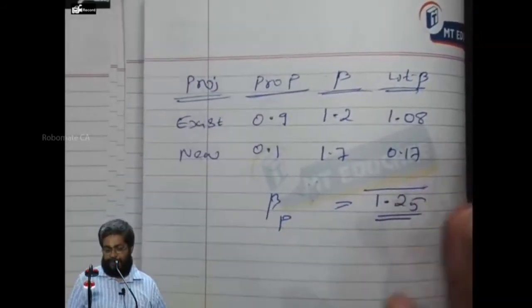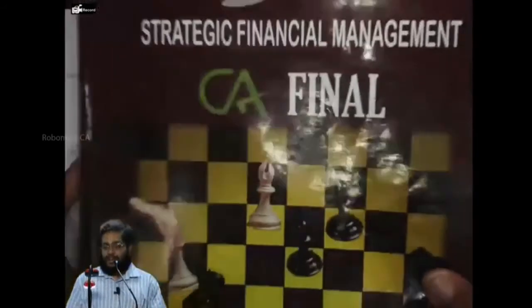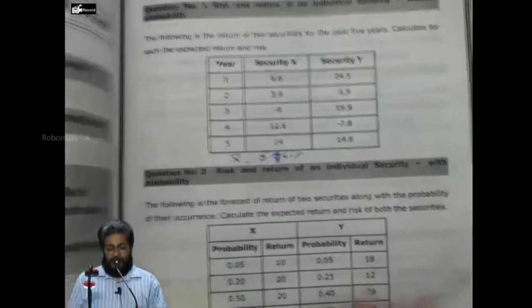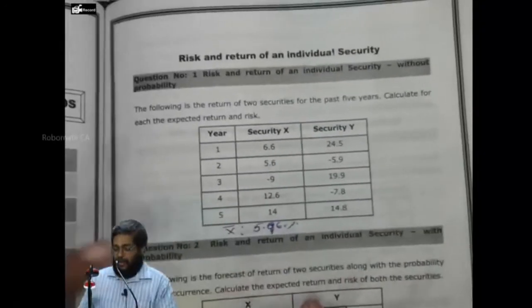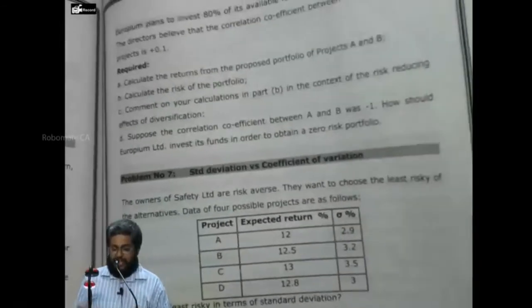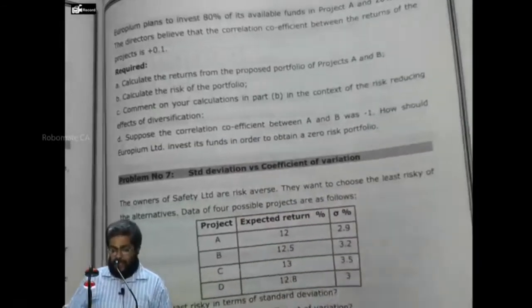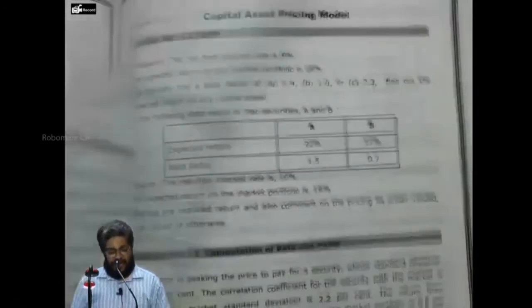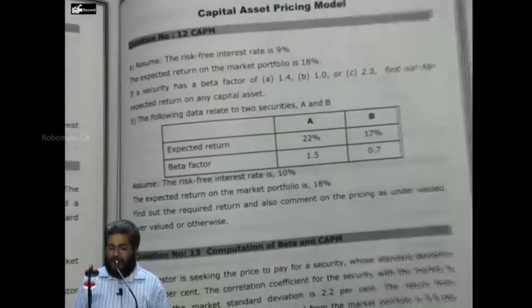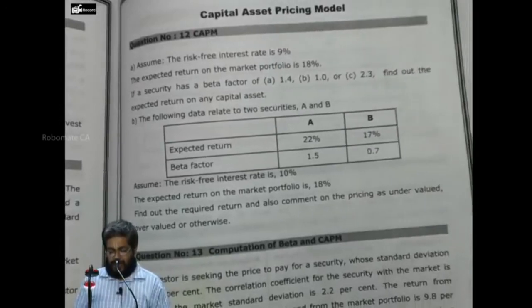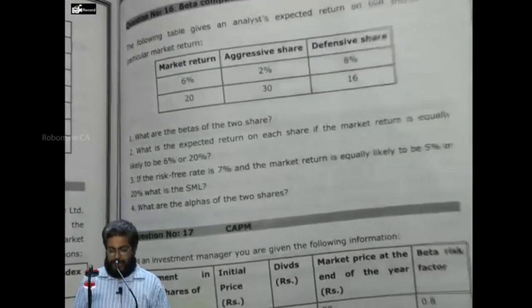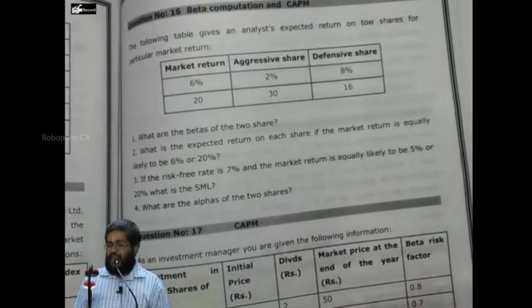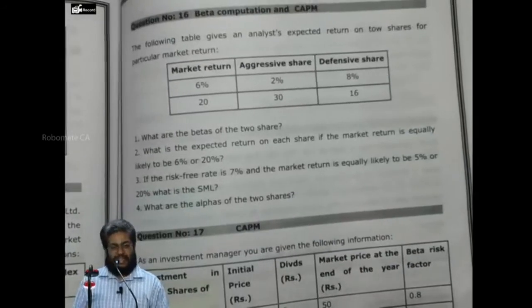Now see, just to take stock of what has been discussed: we have done question numbers 1 to 7, of which 7 has to be done at the end of the chapter. 8, 9, 10 done. 11, 12, 13, 14, 15, 16, 17 I'll give as homework, they are there in the study material.